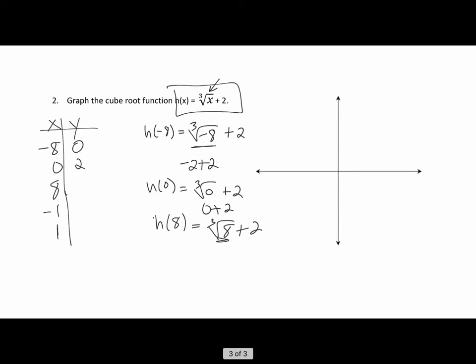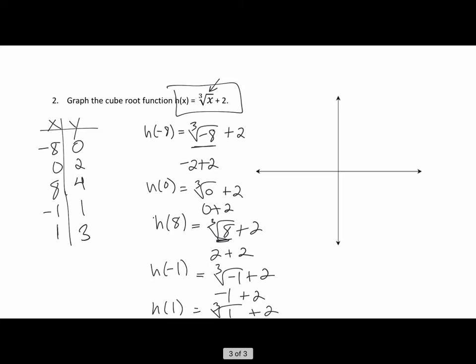Well, it's not going to be a -2 here. For the cubed root of 8, it's going to be a positive 2, so 2 plus 2 is 4. And if we were looking at -1, the cubed root of -1 is -1, plus 2 is 1. And if this were a positive 1, then the cubed root of 1 would be 1 plus 2, which is 3.